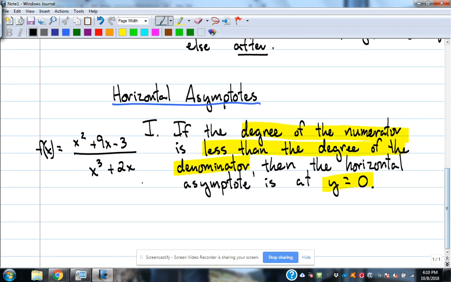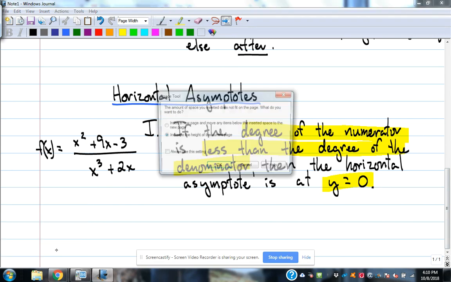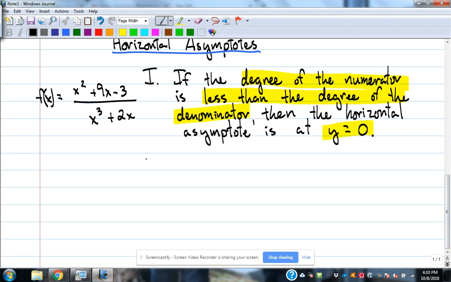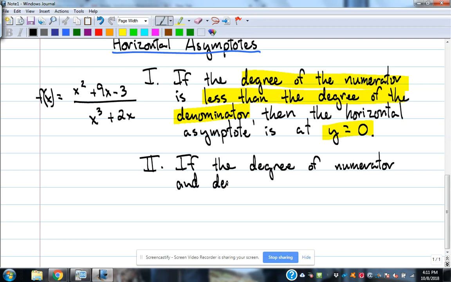Situation number 2 for a horizontal asymptote is if the degrees are the same. If the degree of numerator and denominator are equal, then, okay, so here's a situation where that might be happening.